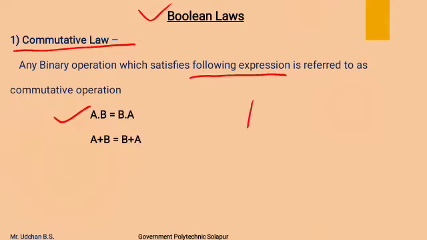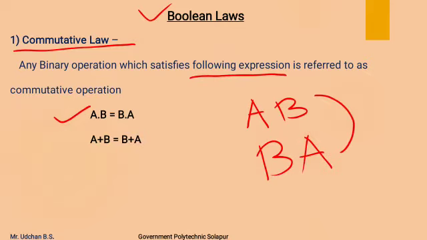It means that ab can be written as ba. The meaning of both is the same. The next expression is written as a plus b equal to b plus a. It means a plus b is equivalent to b plus a. Their meaning remains the same.